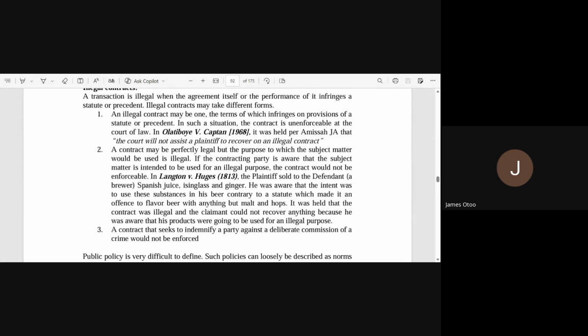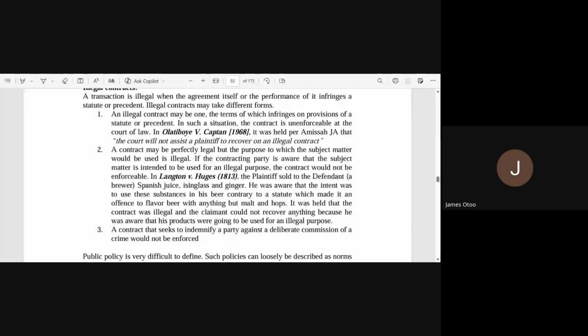For instance, the case of Lantin v. Hughes. The plaintiff sold to the defendant a brewer, Spanish juice, isinglass, and ginger. He was aware that the intent was to use this substance in beer contrary to a statute, which made it an offense to flavor beer with anything but malt and hops.